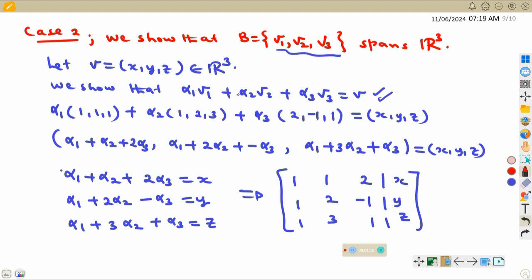So we already have v1, v2, v3, and v. So we shall substitute them and try to simplify. When we simplify this, we shall be able to get this expression, which will give us 3 equations, that is upon equating the corresponding components.